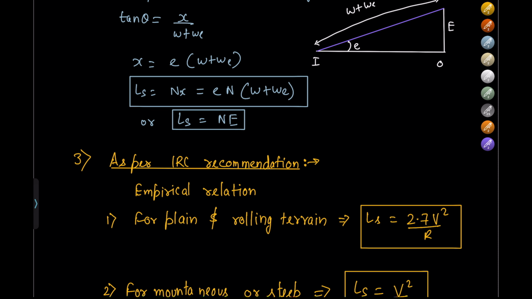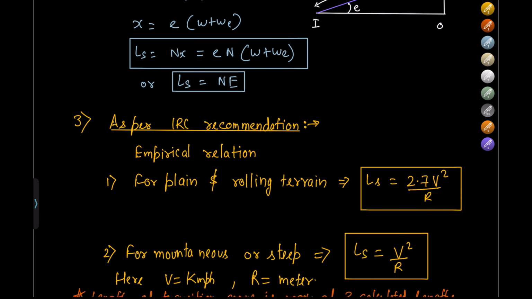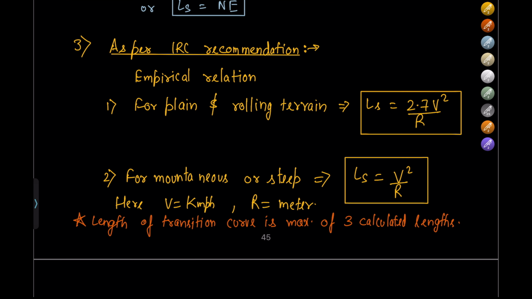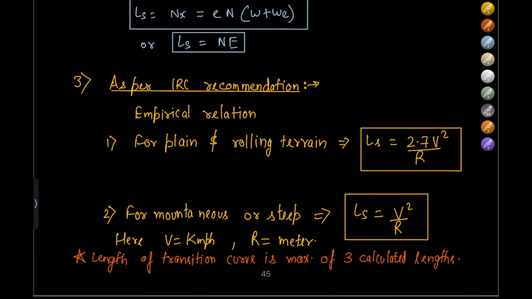Next, as per the IRC recommendations, it has provided empirical relations for two of the terrains. One is plain or rolling terrain and one is mountainous or steep terrain. When it is plain or rolling terrain, the length of transition curve is given by 2.7 V squared upon R, and when it is for mountainous terrain, it is given by V squared upon R. Here V is in kilometer per hour, and R is in meter.